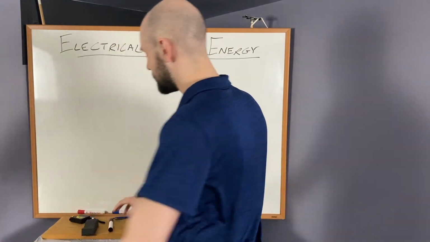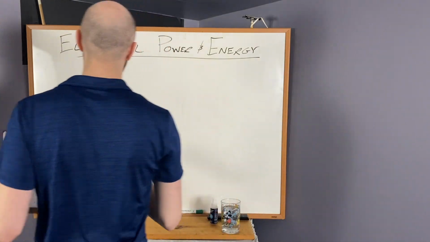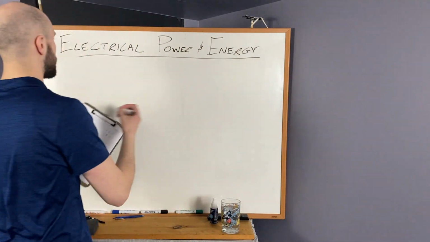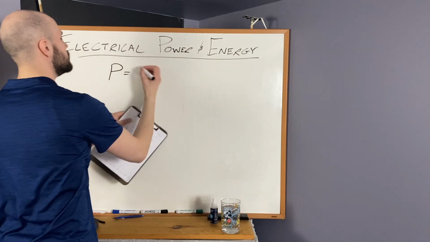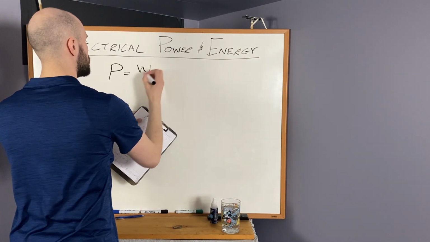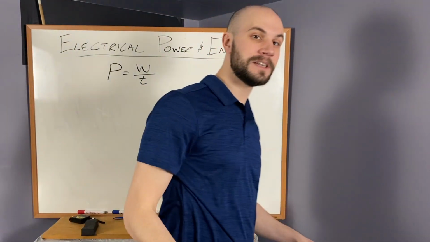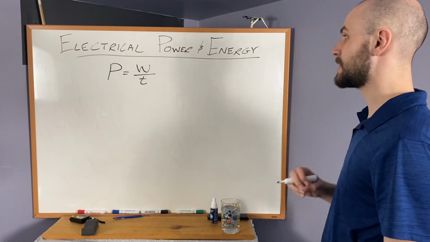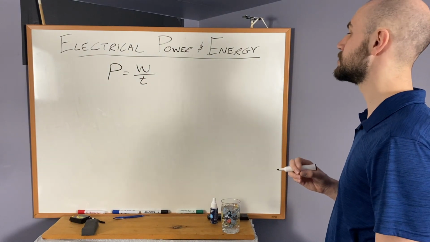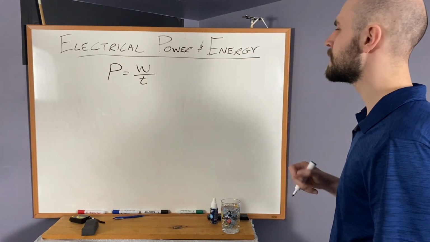So, to figure out how much energy is being used by any circuit component, we want to go back to our definition of power. Power is equal to work over time. How much energy is being transferred, the rate of energy transfer, right? The time rate of change of energy transfer. So how much energy is being used in a certain period of time?